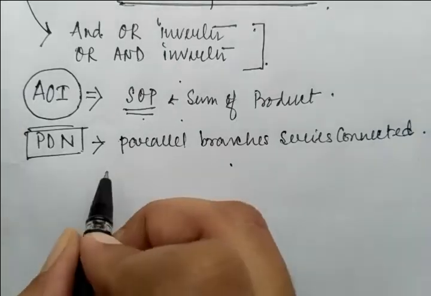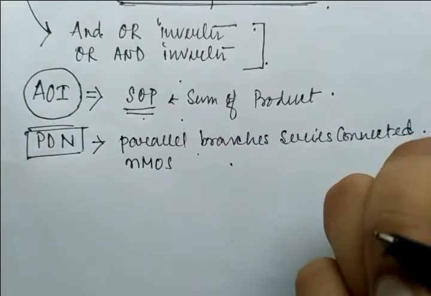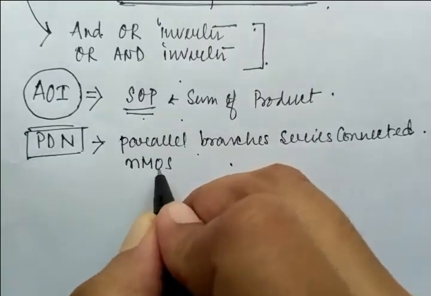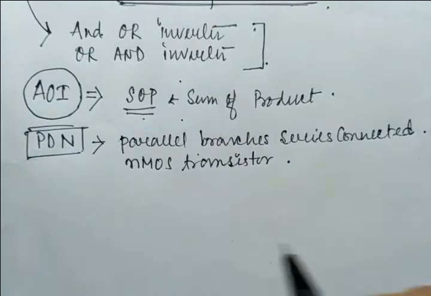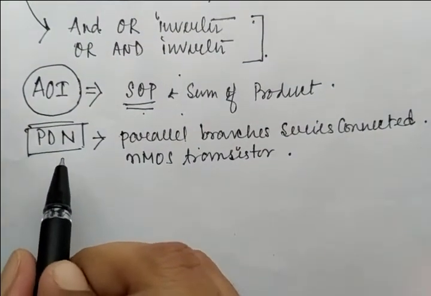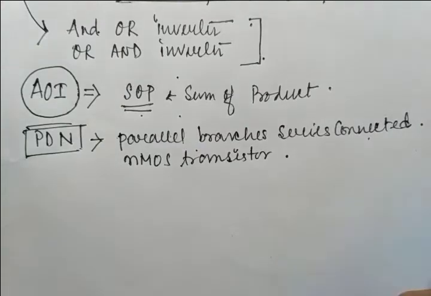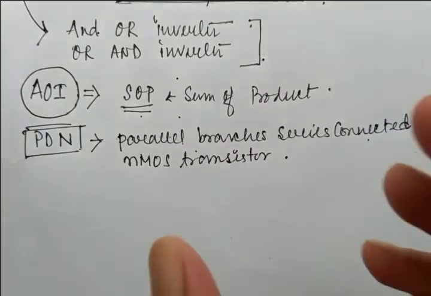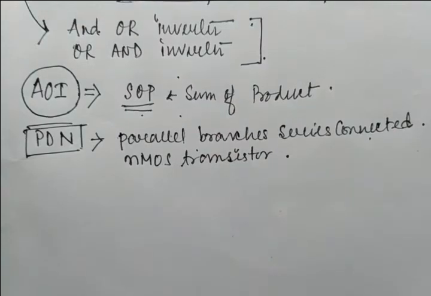A very important point: parallel branches, series connected NMOS. So in the pull-down connection, it is parallel branches series connected. How many branches and how many connections there will be is all dependent on the Boolean expression, which I will define using an example.